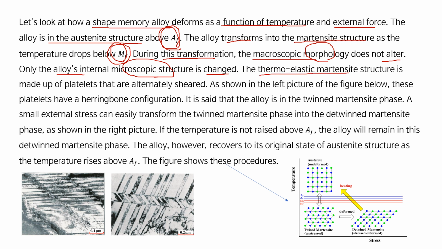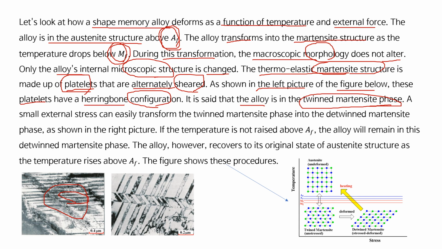The thermoelastic martensite structure is made up of platelets that are alternately sheared. As shown in the left figure below, these platelets have herringbone compression. It is said that the alloy is in the twinned martensite structure.